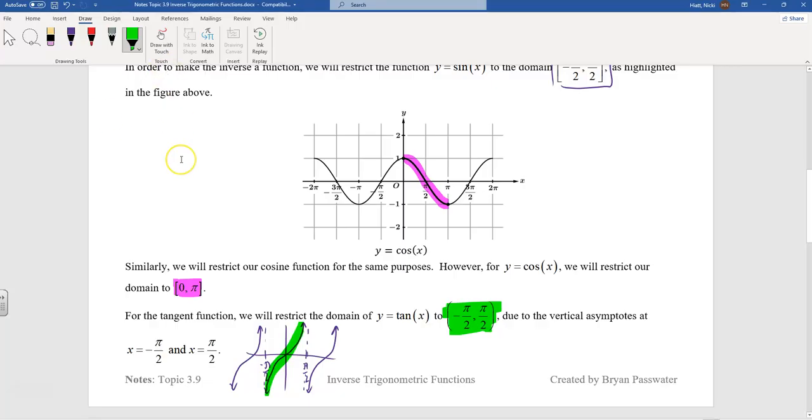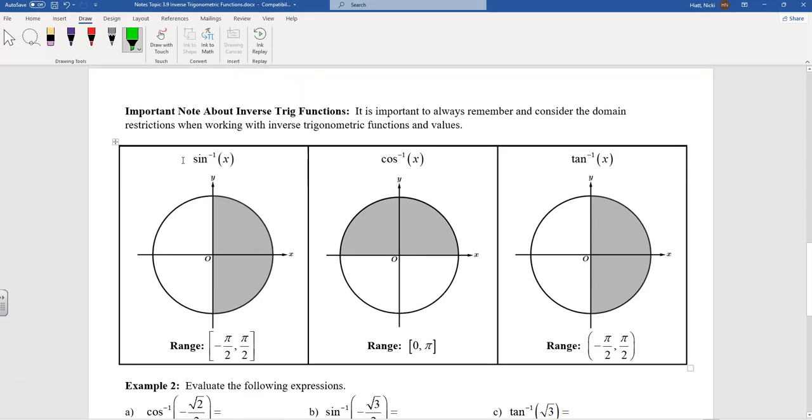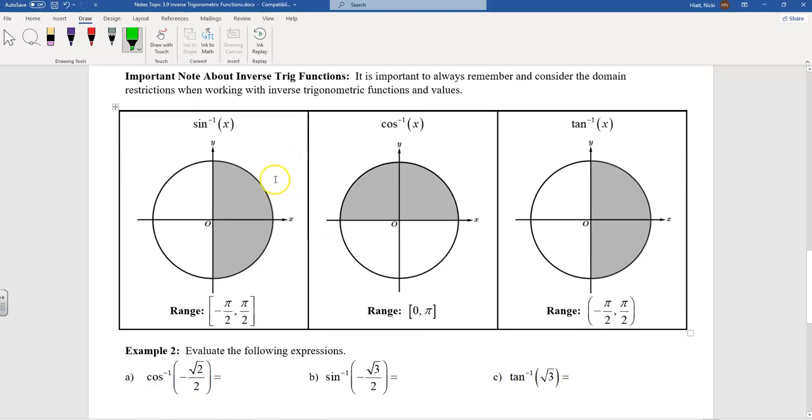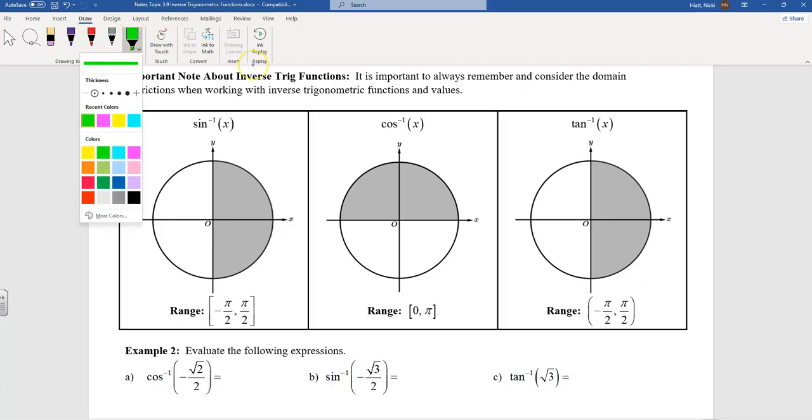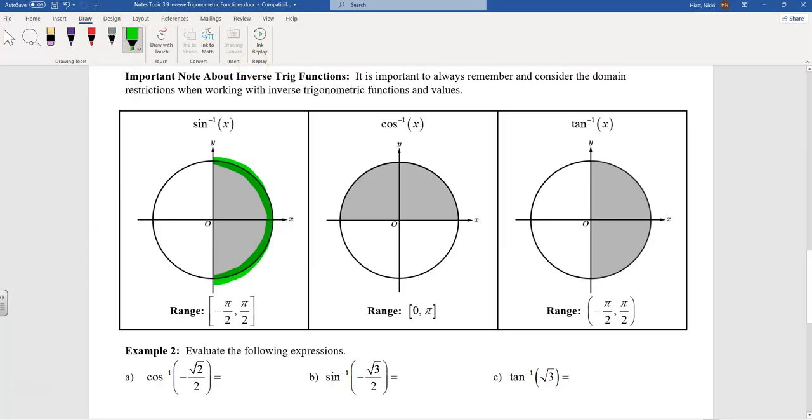So let's look at what sort of stuff they're going to, well, actually, first. On the first part, I gave you a picture of what those restrictions look like from the graph. Let's also think about what that looks like from the unit circle, okay? So from the unit circle, for sine and tangent, we're just looking at the first and fourth quadrant, but there is something we need to make a note of here.